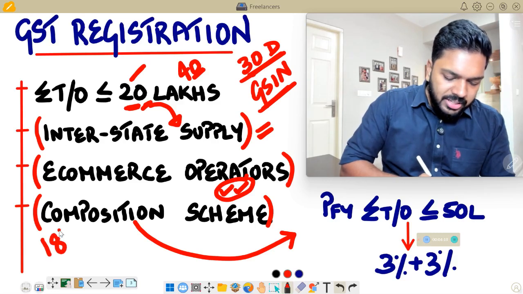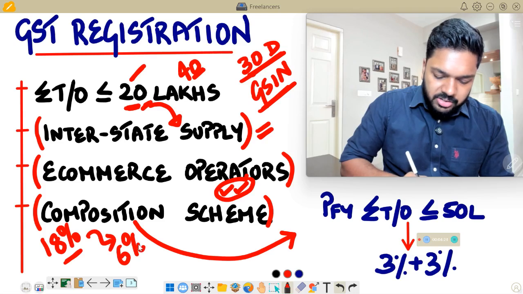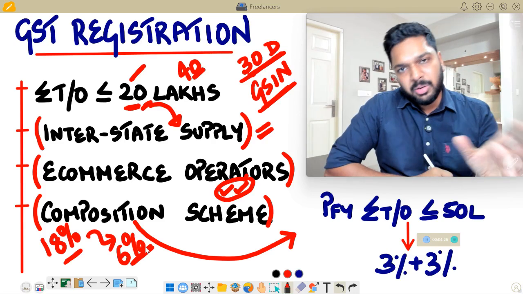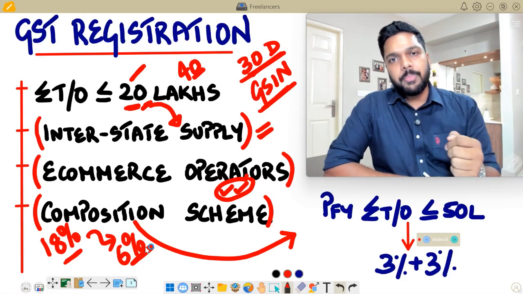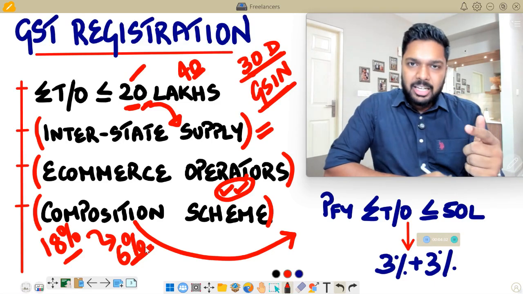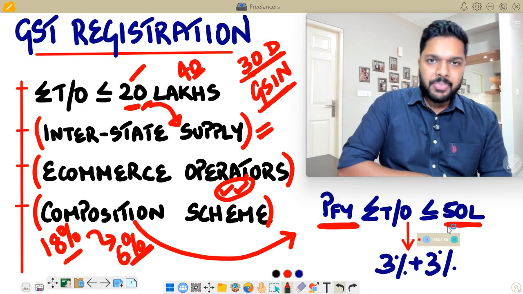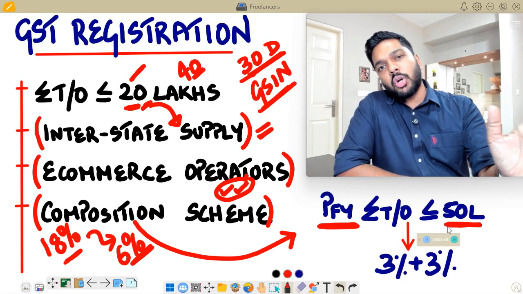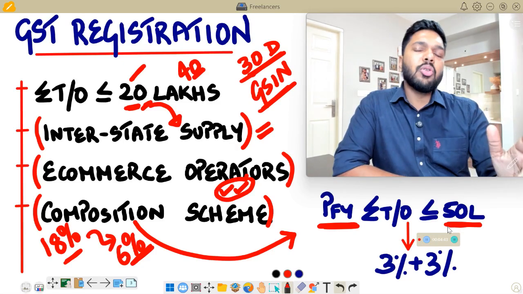Instead of 18% standard GST under the normal scheme, you end up paying only a 6% GST on your taxable value. Now, who all can come under the composition scheme? Two things. One, your aggregate turnover in the preceding financial year should not cross 50 lakhs. So 50 lakhs is the cap. The moment you cross 50 lakhs, one, you need to get a GST registration. Two, you need to go under the normal scheme.